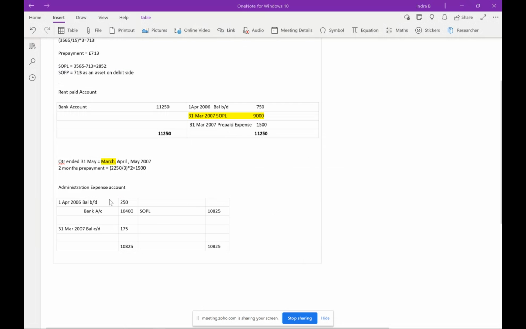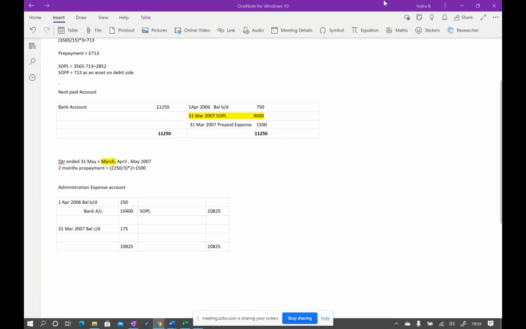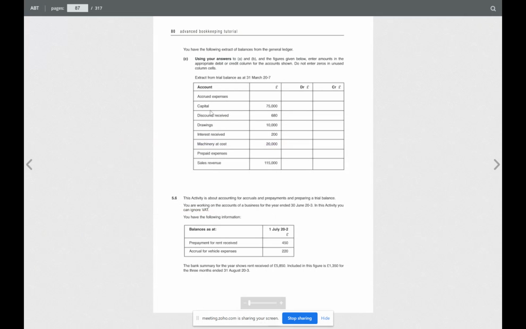So administration expense was 175 accrued. So we'll write here accrued expense 175, and it will be accrued expense. Will it go to the debit or credit? It's credit side. Yeah, the liability. So it will come onto the credit side.